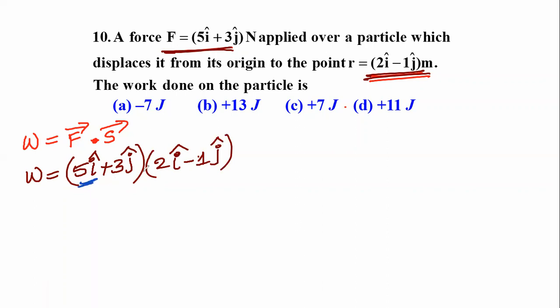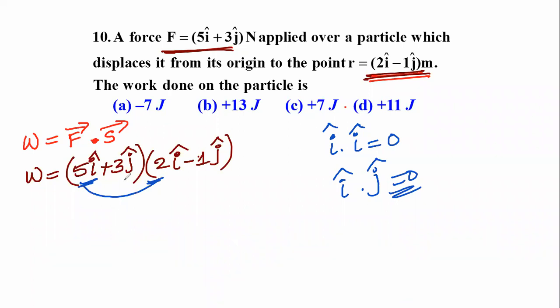The angle between i cap and i cap is 0 degrees, that's why we have to multiply. The angle between i cap and j cap is 90 degrees, so we only have to multiply i cap dot i cap and j cap dot j cap. Even if you multiply i cap and j cap, it will be 0, so no need to do it.